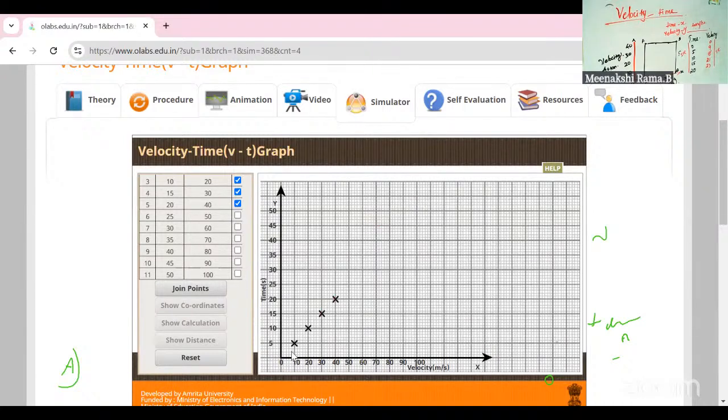In each equal time duration, he crossed the same distance.